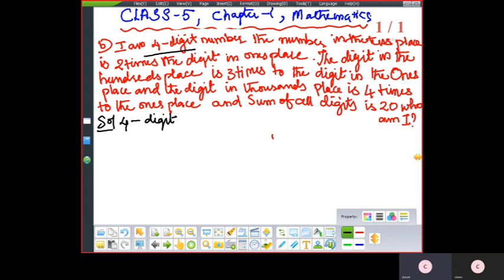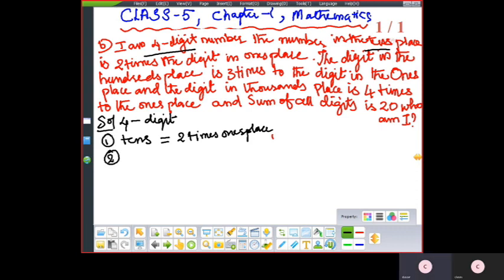The number in the tens place. Yes, the number in the tens place. So the digit in the tens place is equal to 2 times the digit in the ones place. So tens place number is equal to 2 times ones place. This is our first condition.